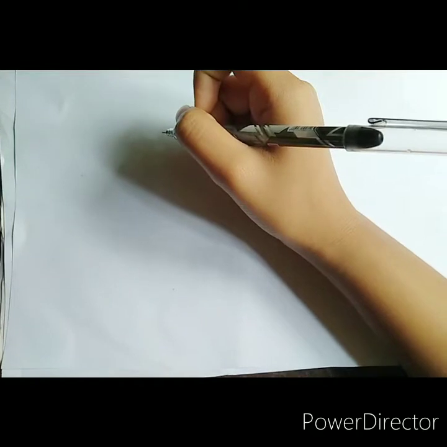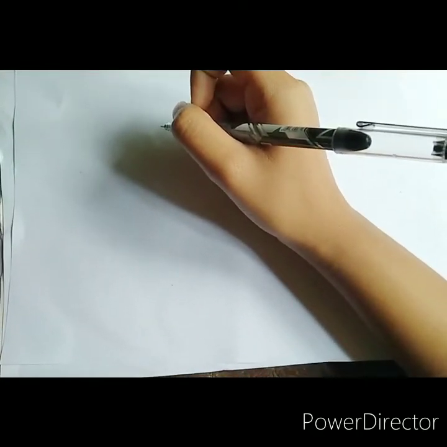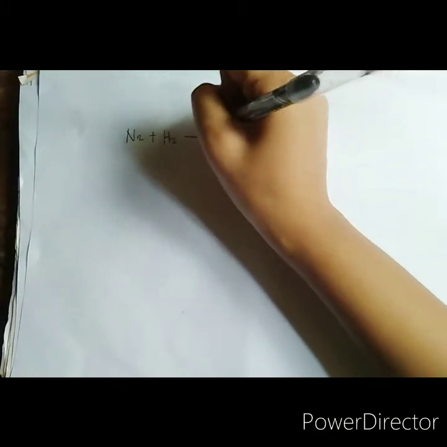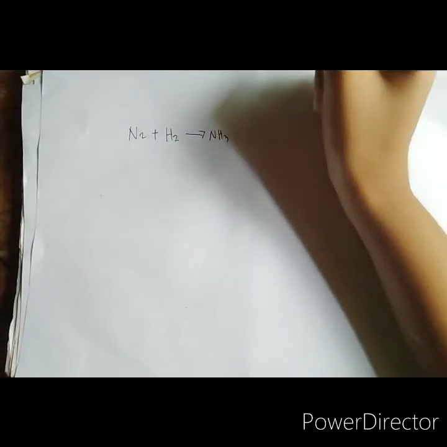Now, let's begin. In this video, we are going to learn about solving one-step stoichiometry problems. Let's begin with nitrogen reacts with hydrogen to produce NH3, which is called ammonia.